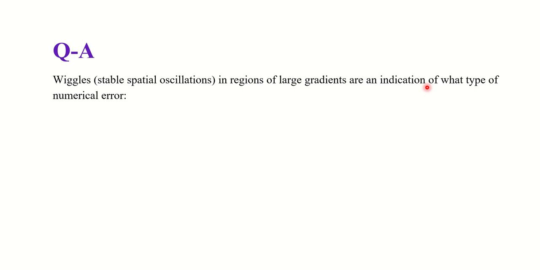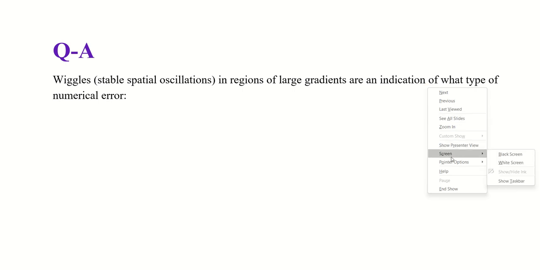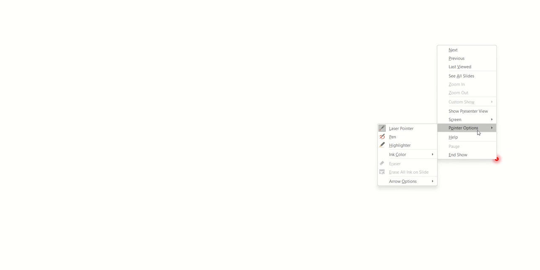Wiggles are basically where there are more oscillations or various changes occurring in the system. For example, we'll take a system and consider this step down pulse.